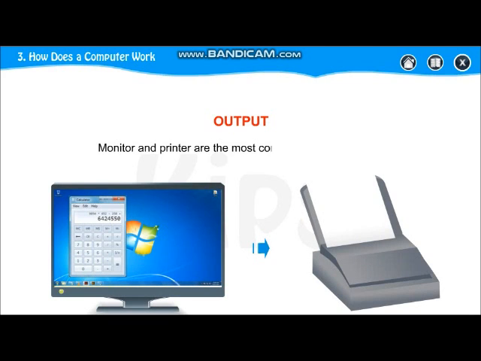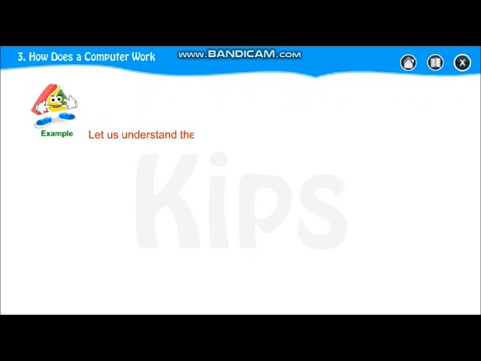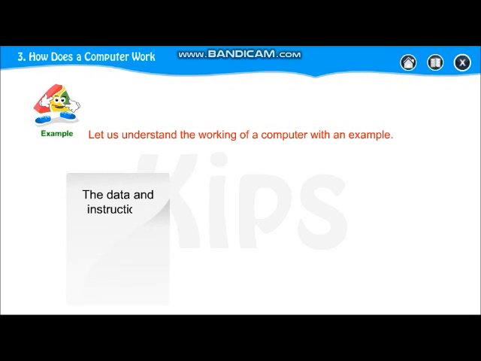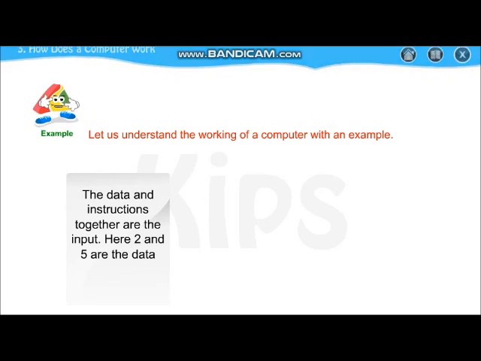Now monitor and printer are most common output devices. आप प्रिंटर से प्रिंट आउट भी ले सकते हो, तो these are your most common output devices. Let us understand the working of computer with an example. The data and instructions together are the input.